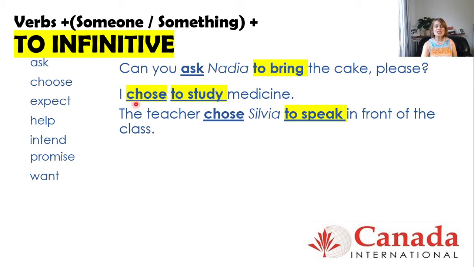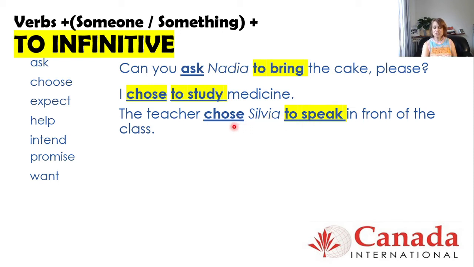Now, I chose to study medicine. Remember, chose is the past tense of choose. In this case, as you can see, we don't have someone or something between the verb and the to infinitive. I chose to study. But in this case, the teacher chose Sylvia to speak in front of the class.